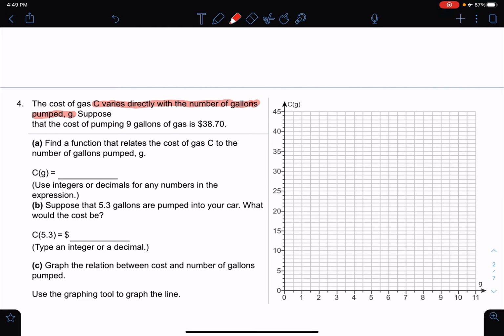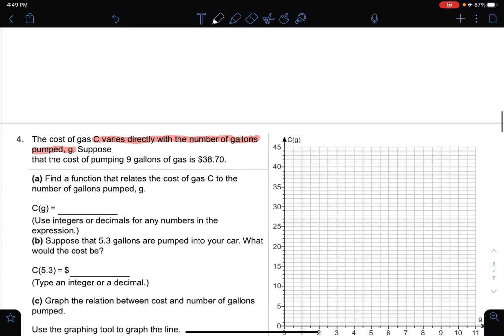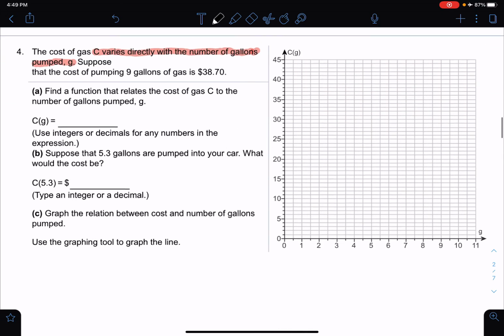Okay, so right there, you better be thinking, I see direct variation. C varies directly as G, and maybe I should put this stuff down here because of space.